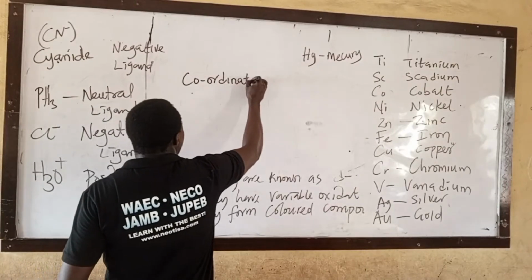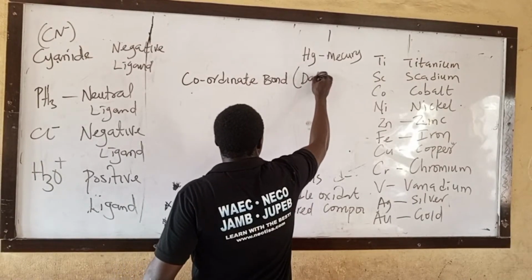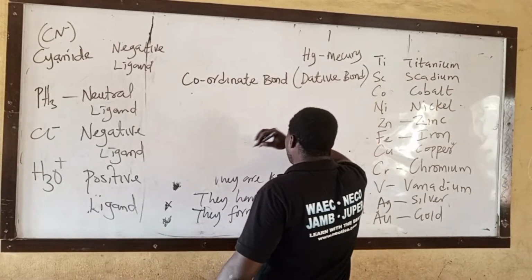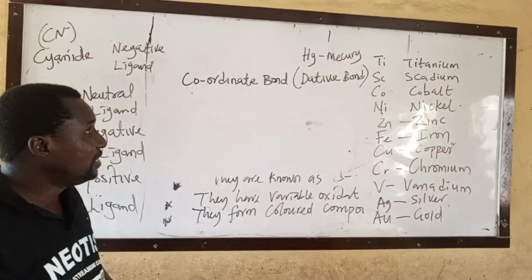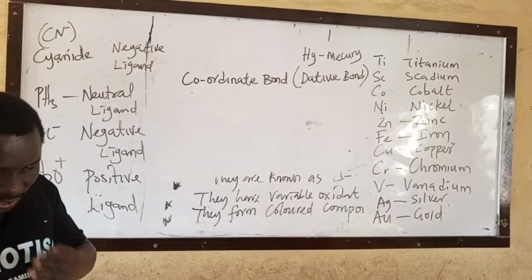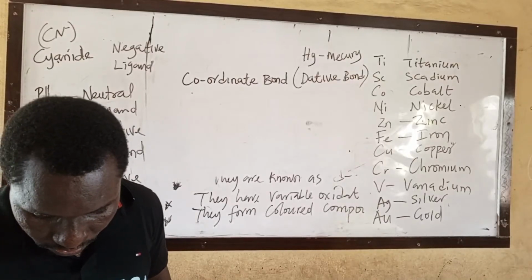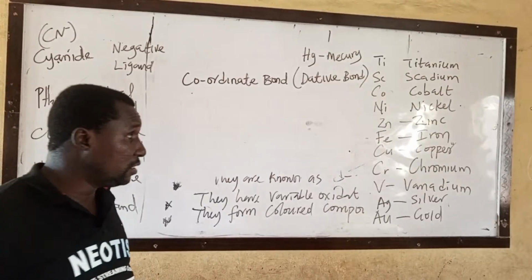Another name for coordinate bond is dative bond. The bond that occurs in coordination compound is coordinate bond or dative bond.